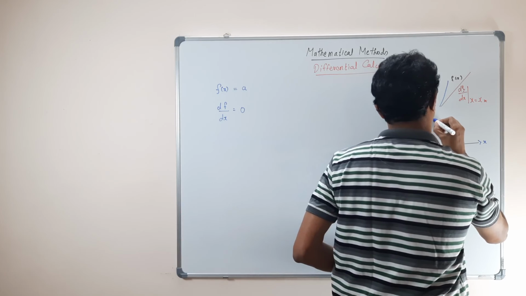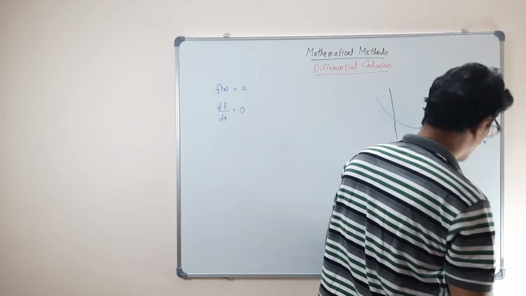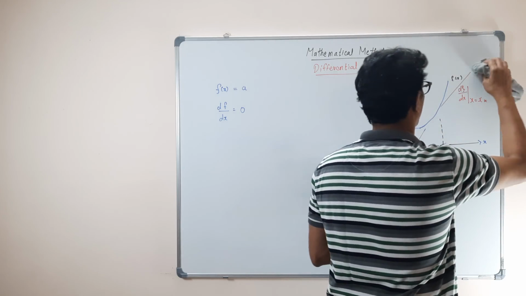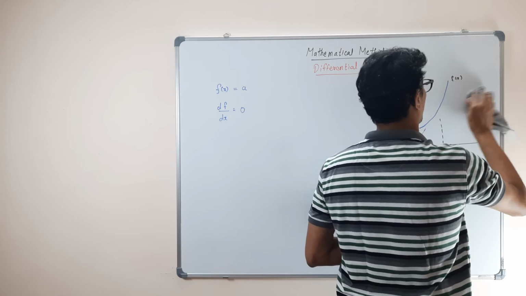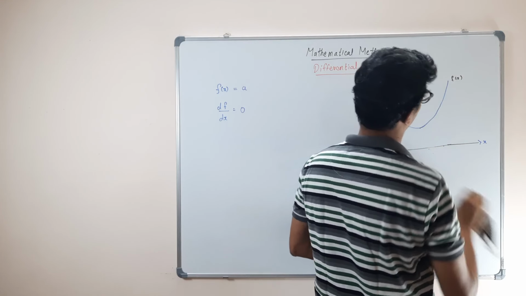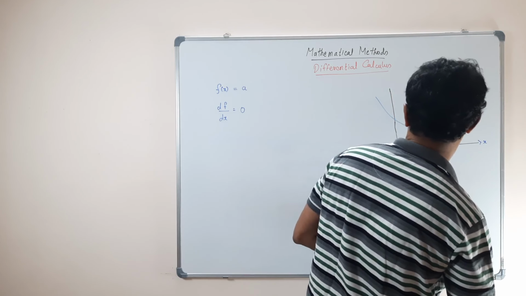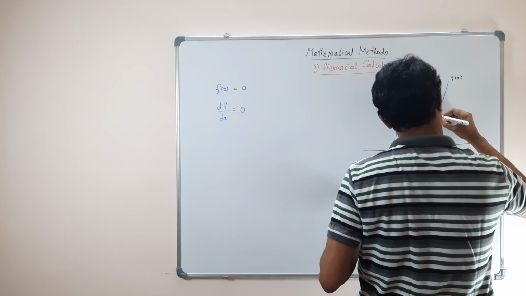Let us draw the curve something like this, and let me draw the tangent again. I'm not able to draw properly. Let us draw the tangent here, at this point.